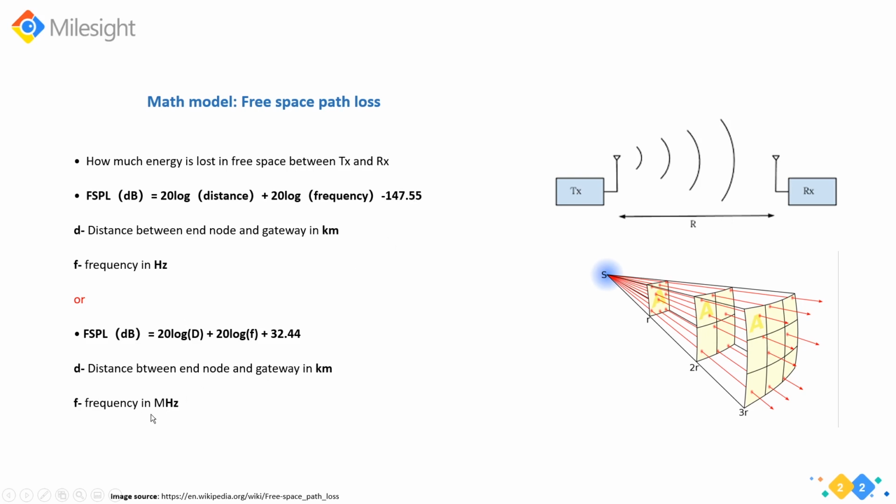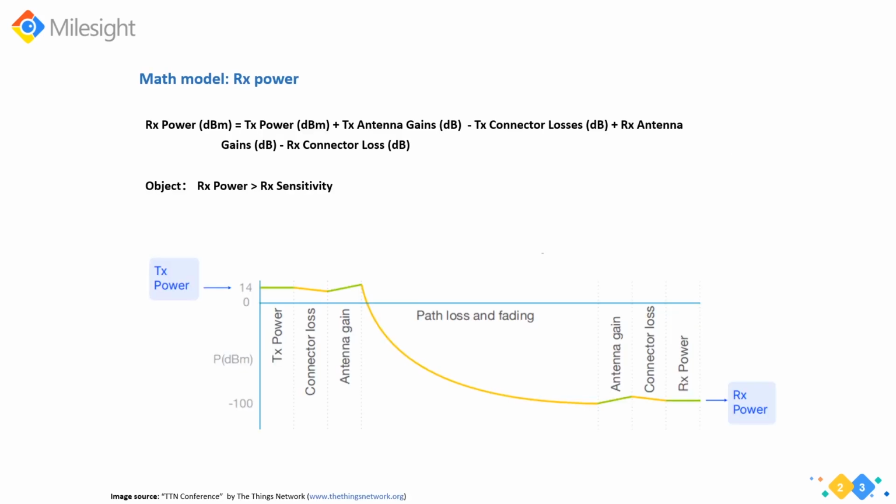And if your frequency unit is in megahertz, you can find the formula with plus 32.44. So that's the only difference between them. And receive power.